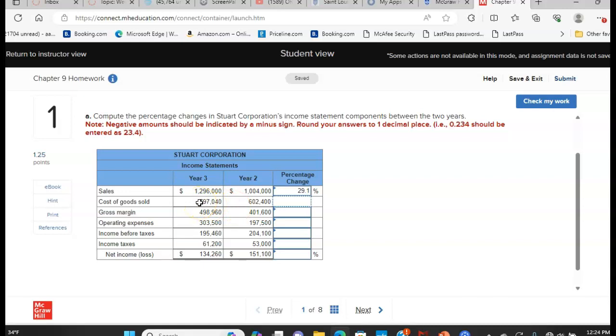797,040 minus the 602,400, a difference of $194,640. So take that 194,640 and divide that by the base year, which is 602,400.